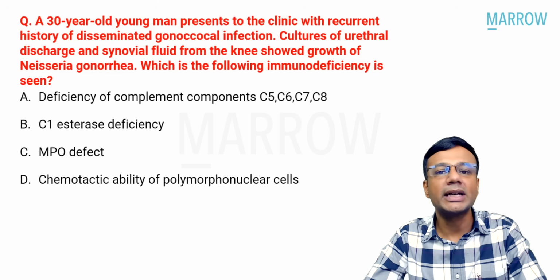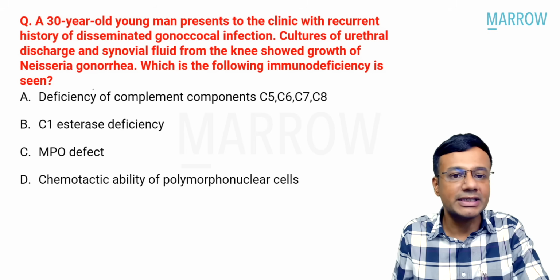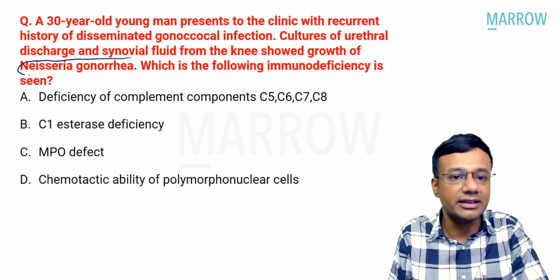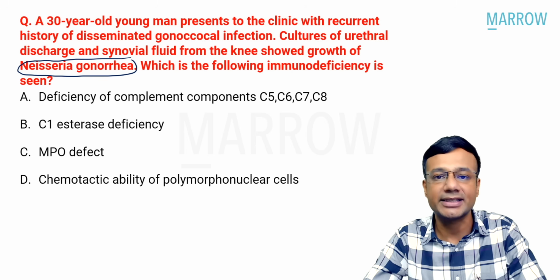A 30-year-old young man presented to the clinic with recurrent history of disseminated gonococcal infection. Cultures of urethral discharge and synovial fluid from the knee show growth of Neisseria gonorrhoeae. Which of the following immunodeficiency is seen? Obviously, gonorrhea is discussed in dermatology, but usually we discuss only gonococcal urethritis.